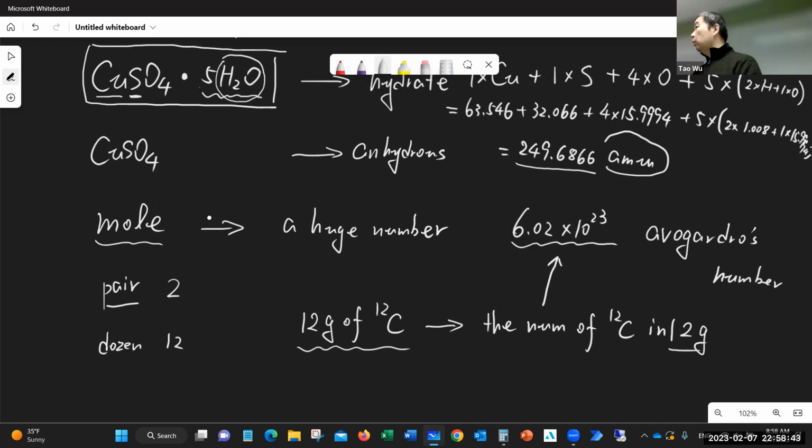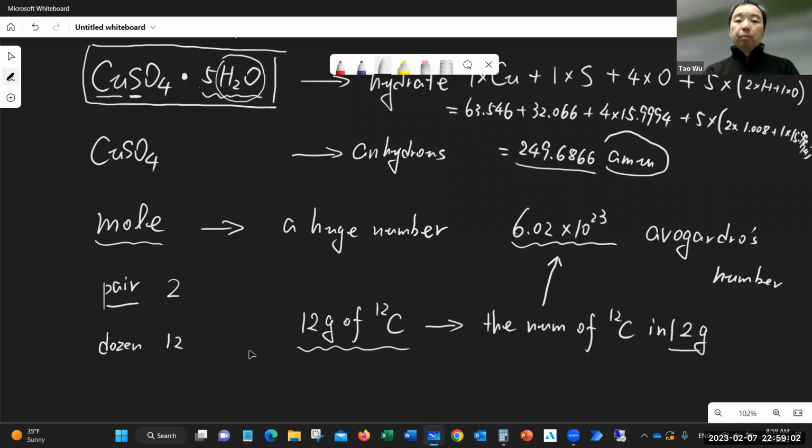Definitely, different experiments measured differently, so they collected all the numbers from everywhere in the world, and made an adjustment to figure out what the Avogadro's number is.